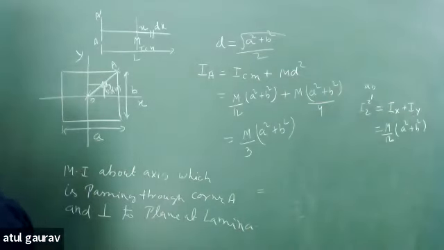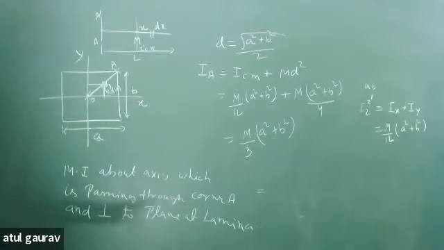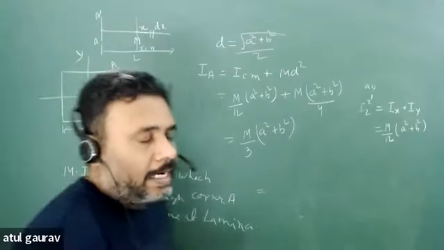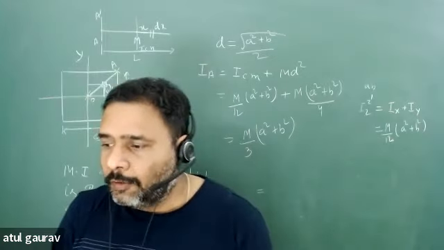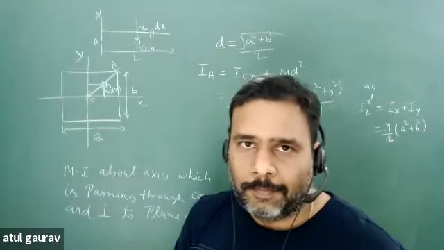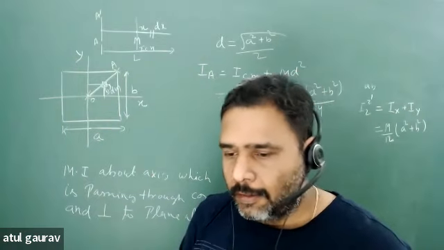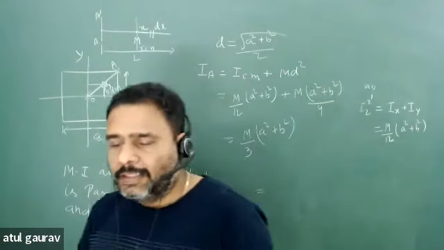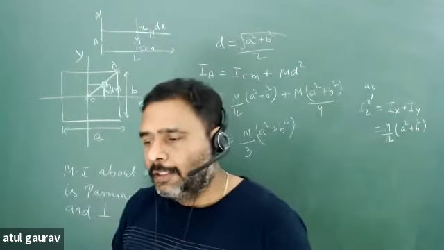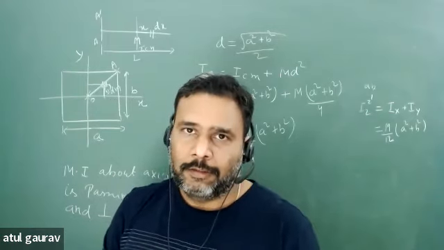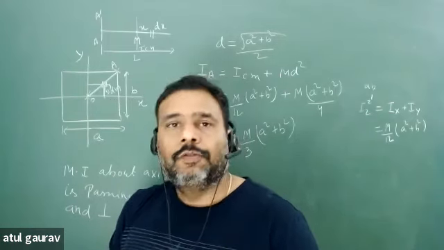Are people comfortable? So you can easily use the perpendicular axis and parallel axis theorems to calculate different types of problems. Okay? So now you can see this is a very fundamental theory that you can use.